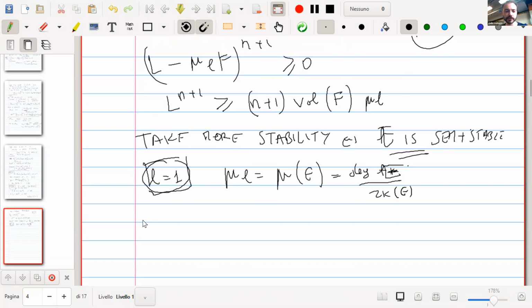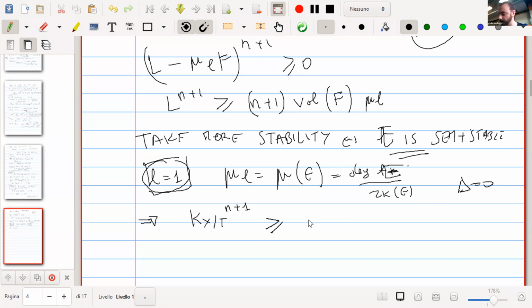So the upshot, the inequality we get: let me take K_{X/T} to the power n plus 1. Maybe let me also put delta equal to 0, so I give you an easier statement.